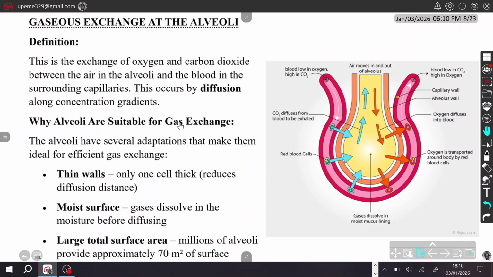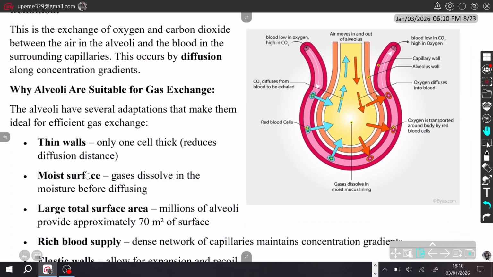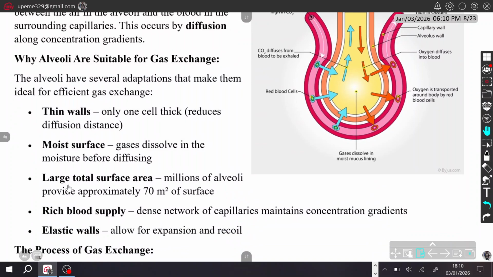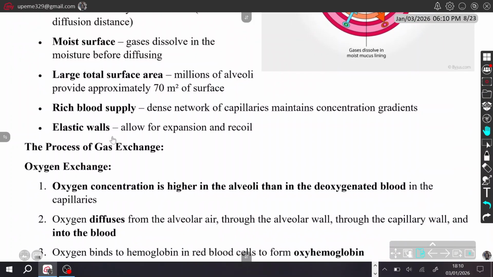What makes alveoli special for gaseous exchange? This is what we already talked about. The alveoli have several adaptations that make them ideal for efficient gaseous exchange. Number one, thin walls. We talked about it. Moist surface, large total surface area, rich blood supply, and elastic walls.